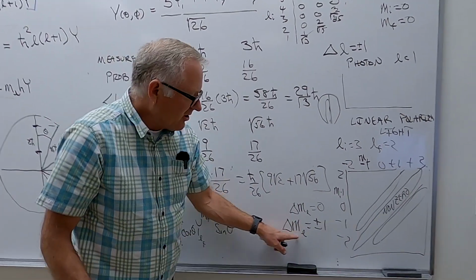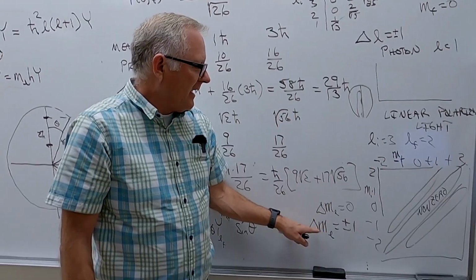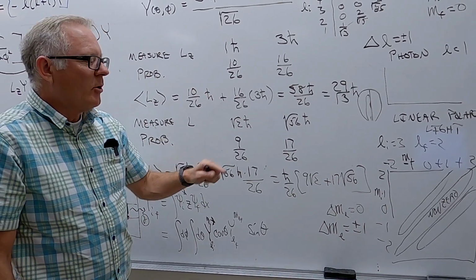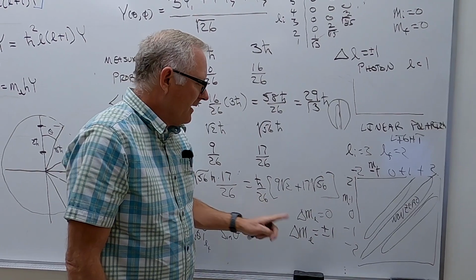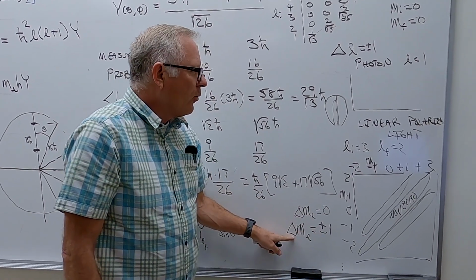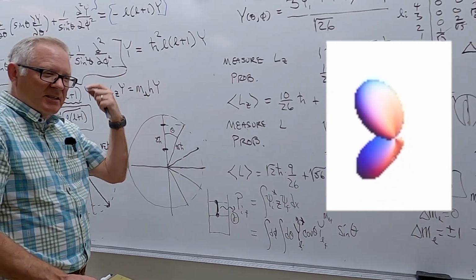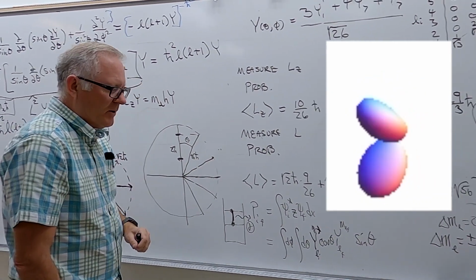And when this occurs, when you drop and your M changes by 1, then you get what's called circularly polarized light. I have a second movie on there showing you what happens when you drop by 1 when you're in this mixed state, and you'll see the wave function kind of circulating around, and that would be right circularly polarized.